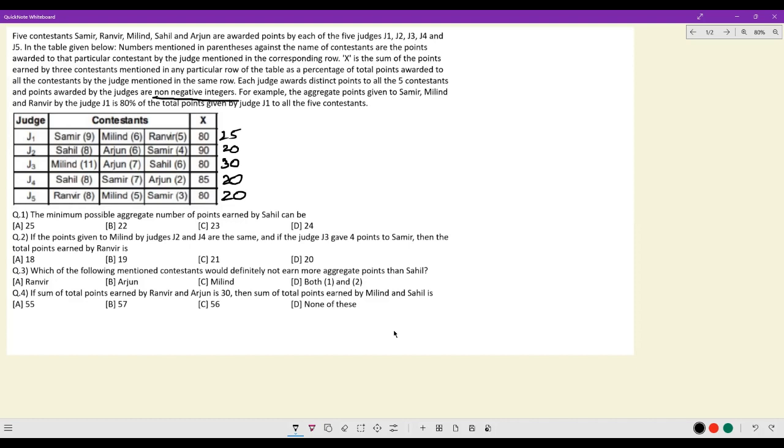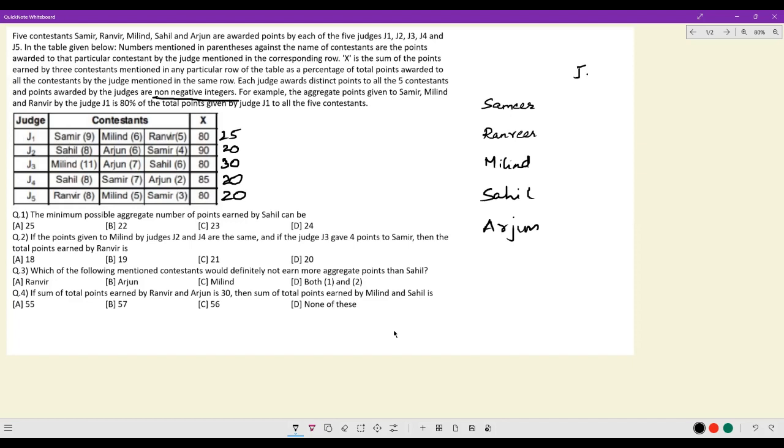Okay, we go ahead, write down names. We have Sameer and Ranveer and Milind and Sahil and Arjun given to us.